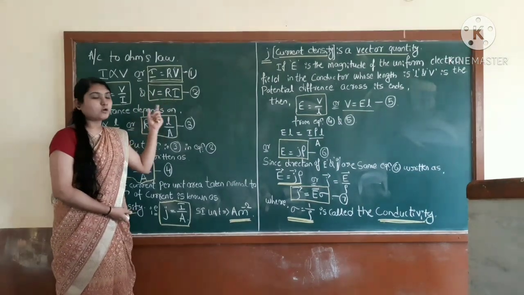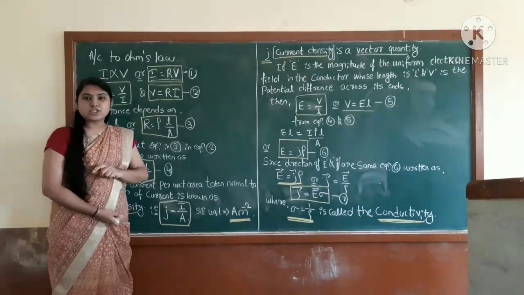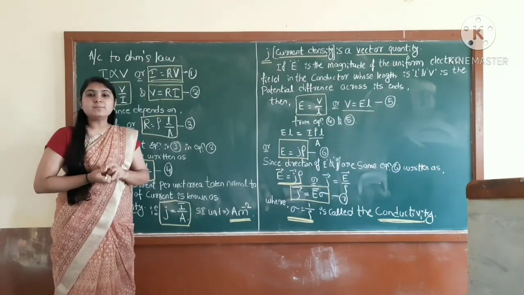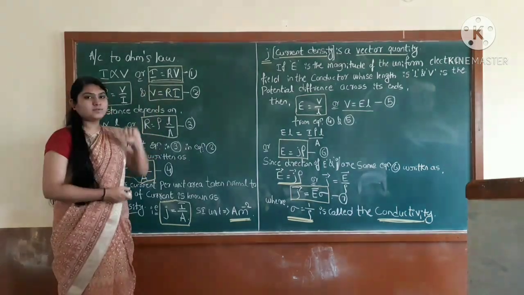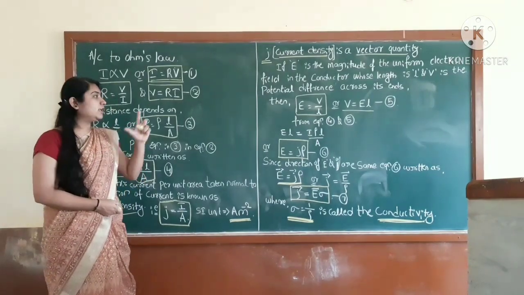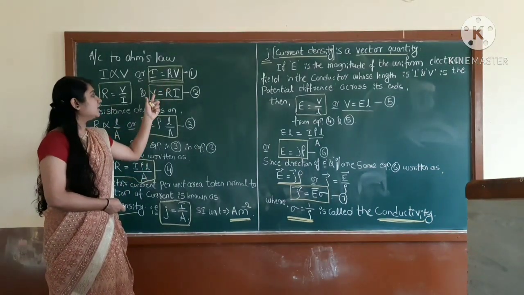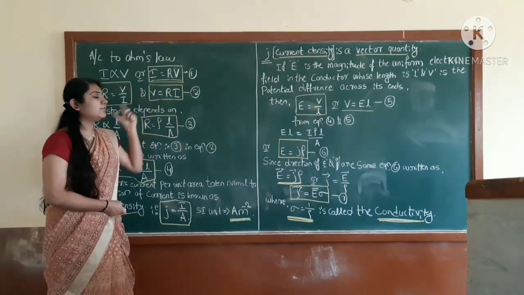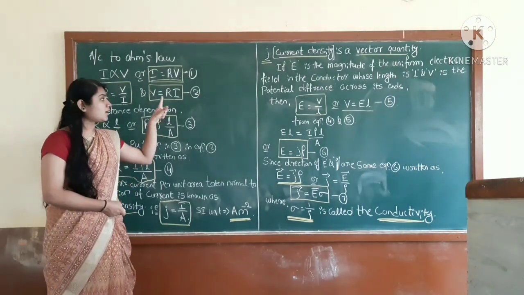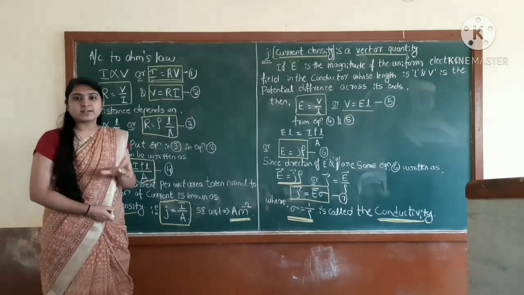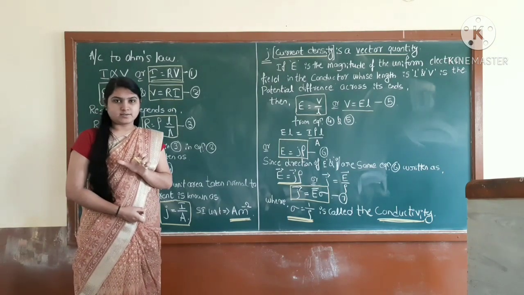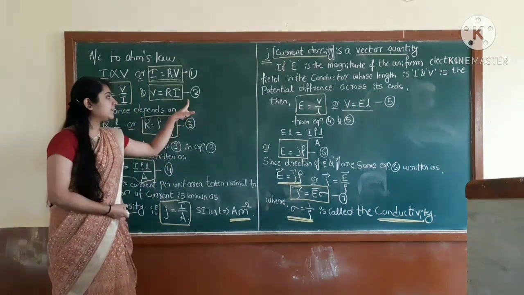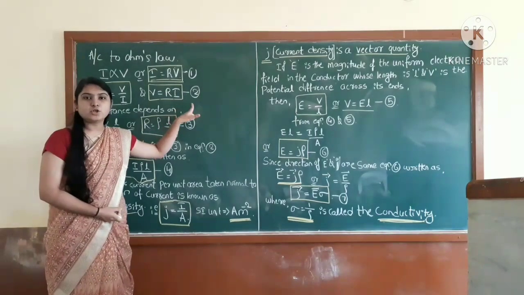I just make conversions from the one formula, correct? So now the potential difference is nothing but the resistance into the electric current through a conductor, correct? So take it as equation number 2.